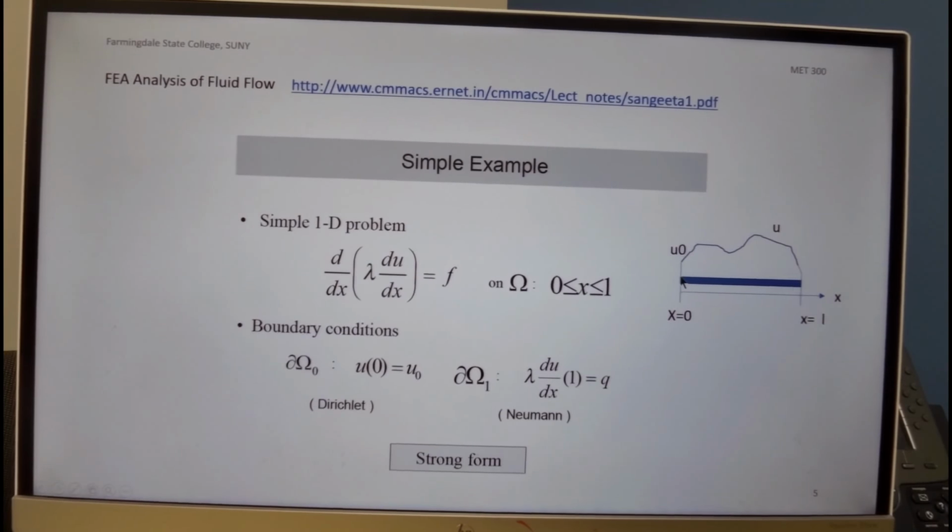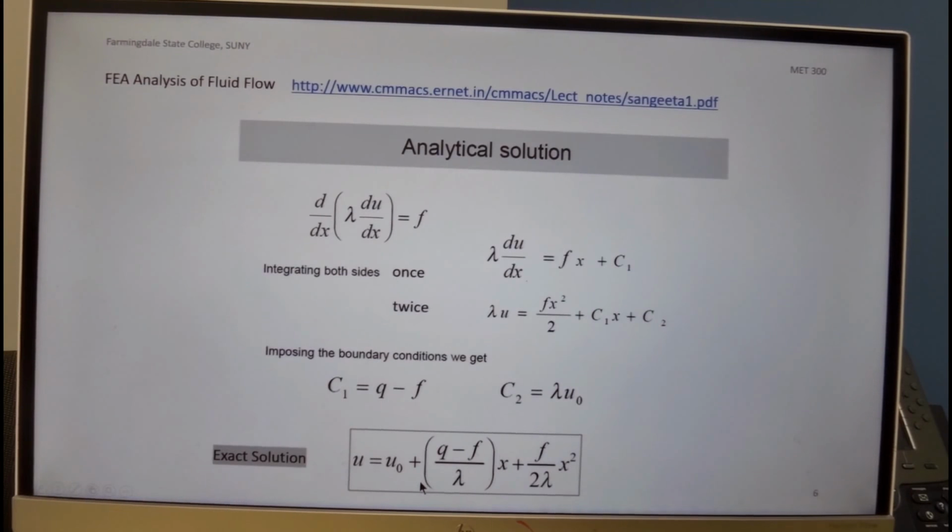It's defined on a single axis from x equal to 0 to x equal to 1. It has boundary conditions that at 0 the value of the variable equals u0, and at 1 the derivative of the variable equals q. Together, this is the so-called strong form of the formulation.